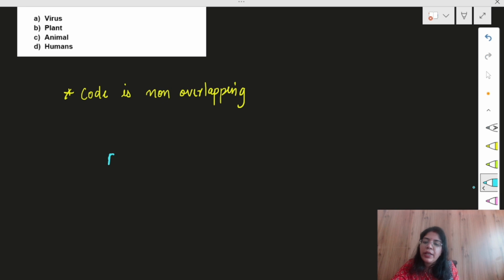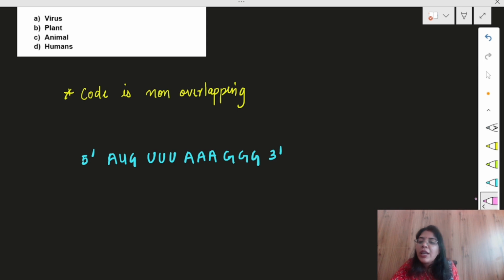Let's suppose I'm writing here AUG, then UUU, then AAA, then GGG. Like this, for simplicity, it can be anything. When your ribosome comes and reads the code, it will read this as individual, consecutive, successive triplets. This only should be the reading frame of your ribosome.